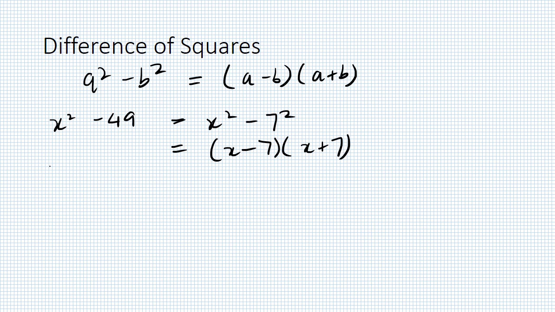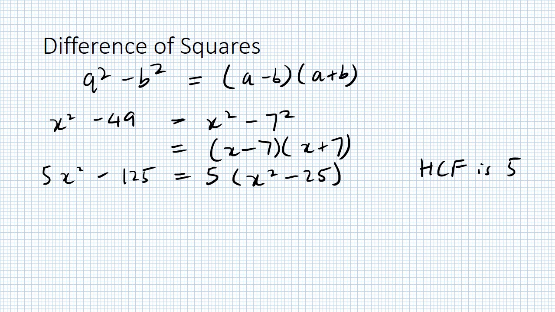So that's done. Second example, 5x squared take 125. Highest common factor, again, we're always looking for highest common factor, is 5. So we take the 5 out the front, minus 125 divided by 5 is minus 25.